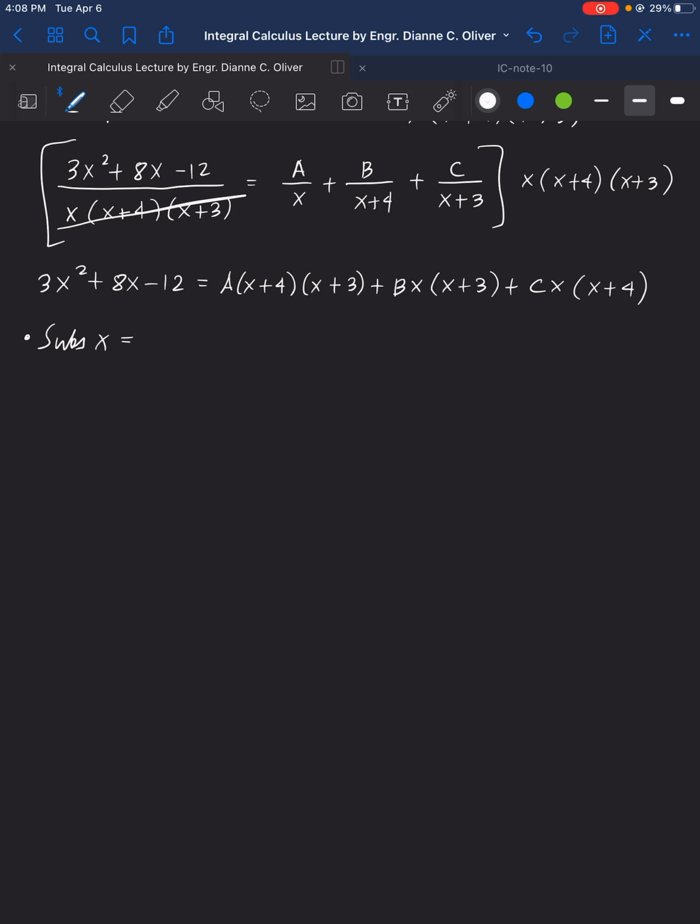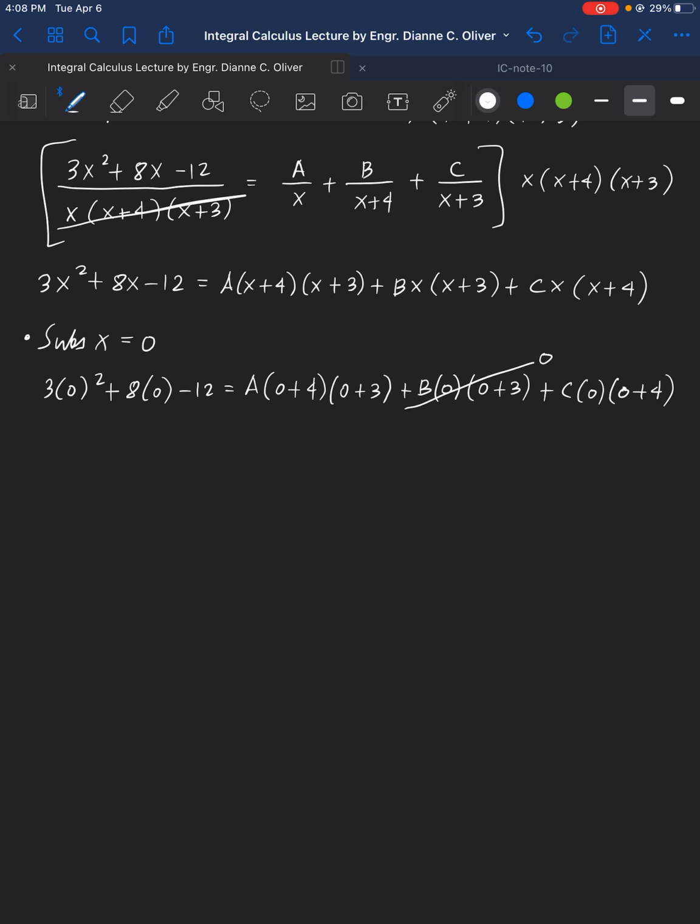We substitute x with 0. So 3 times 0 squared plus 8 times 0 minus 12 is equal to a times 0 plus 4, 0 plus 3 plus b. Now here we can obviously see why we chose 0. Then c, so that's why we can now remove b and c.